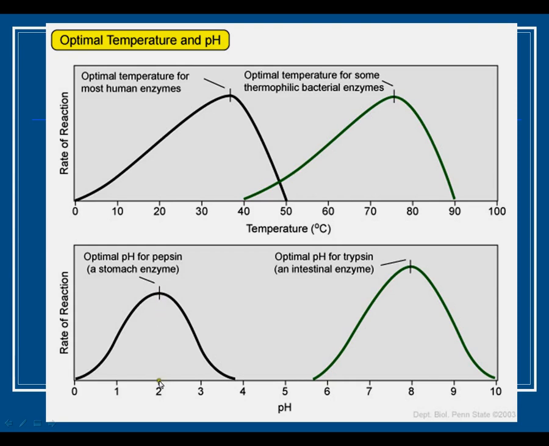This is about what the hydrochloric acid environment in our stomach is. The optimal pH for trypsin, which is an intestinal enzyme, is very basic. And you may not realize this, but our intestines have a very basic environment. So these two enzymes have different optimal pHs.